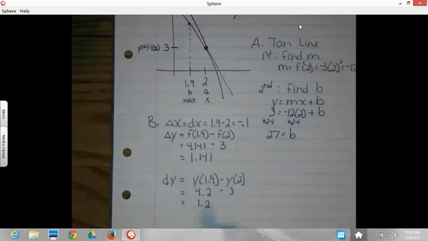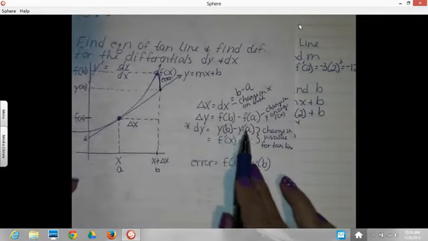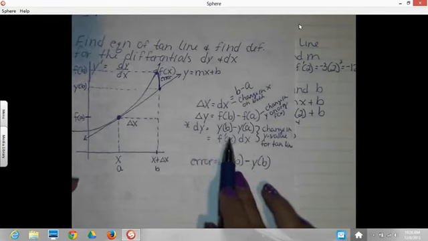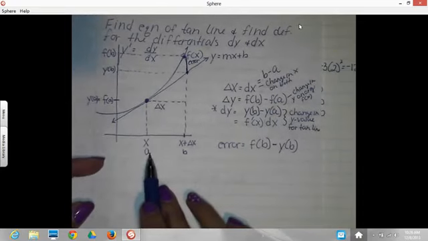Okay, the big connection here is that we could have found that dy value without knowing the tangent line if we use this other definition. It's f prime of x dx. And x is our original a value, because the b is the x plus delta x.